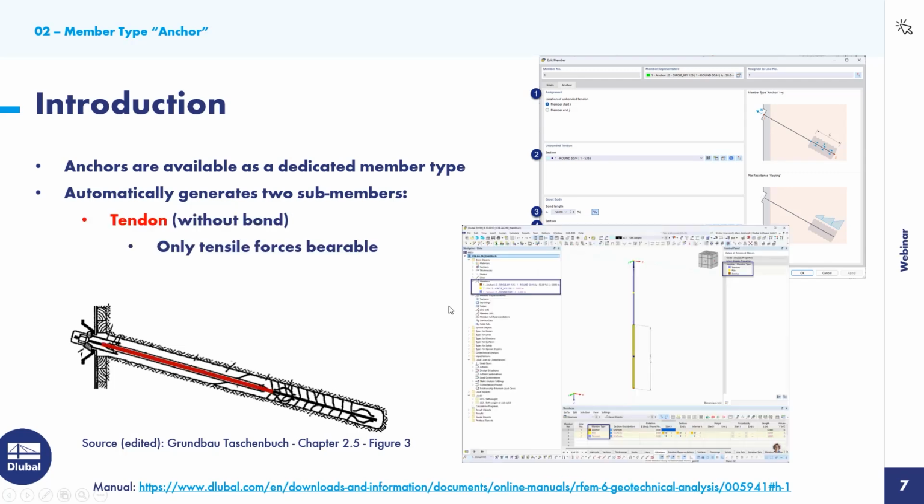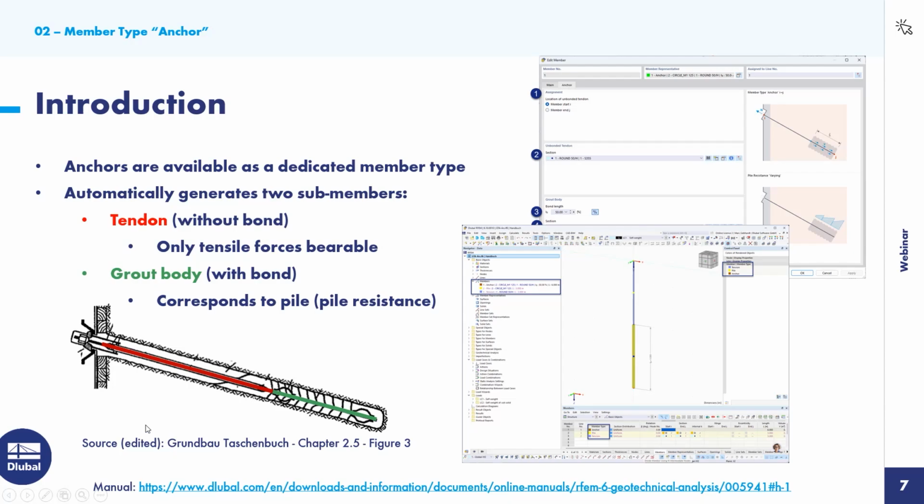This is first a tendon part without bond to the soil around and can only bear tensile forces, and a grout body with bond to the soil around, which corresponds to the member type pile with a pile resistance.